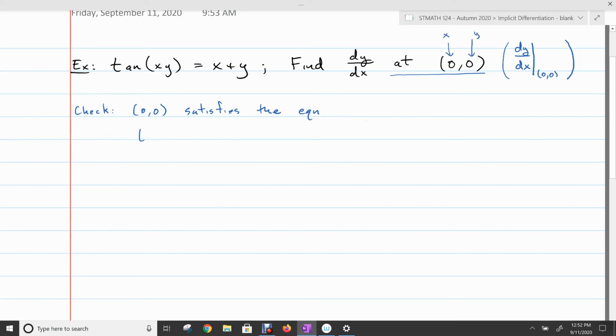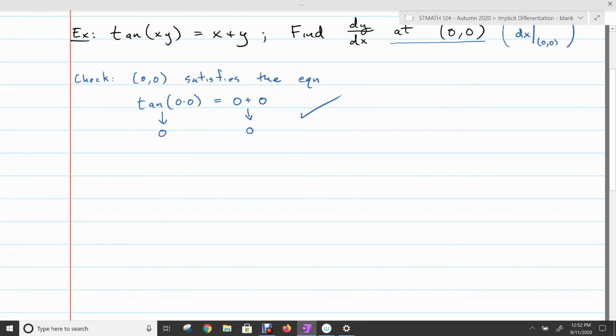So substitute x equals 0 and y equals 0 into the original equation. You get tangent of 0 times 0 equals 0 plus 0. The left-hand side is just tangent of 0. Tangent of 0 is 0. And the right-hand side is 0 plus 0, which is, of course, 0. So this checks out, right? So the point that we were given does actually satisfy that equation.